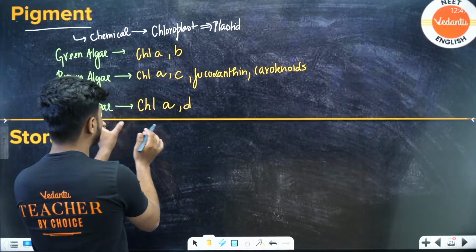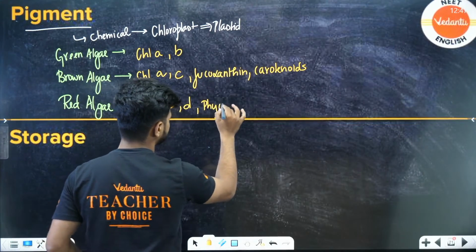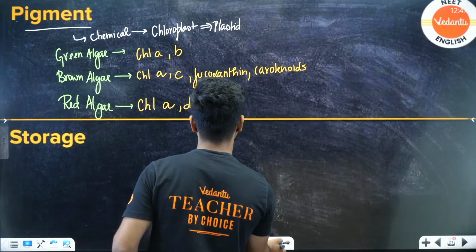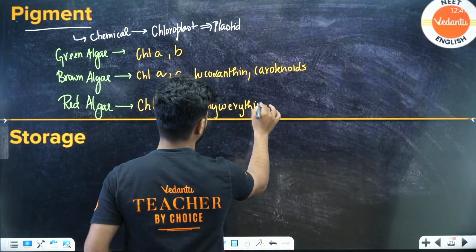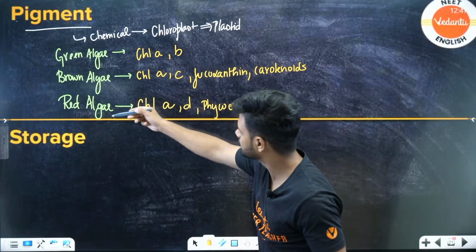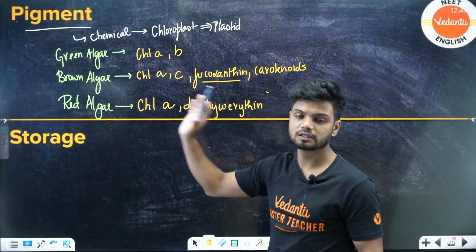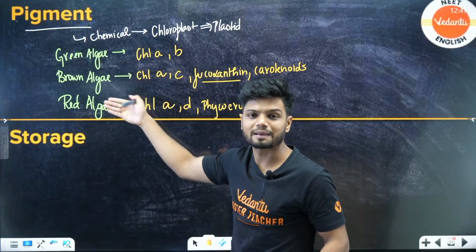In the case of your red algae, we have phycoerythrin. Clear? It is the phycoerythrin which imparts the red color. Fucoxanthin imparts the brown color here. That is going to be your entire pigments when it comes to your different types of algae.